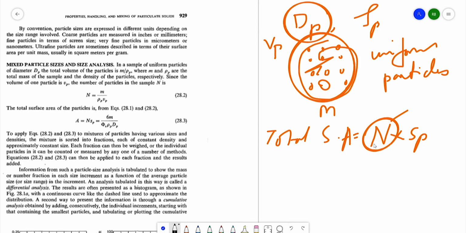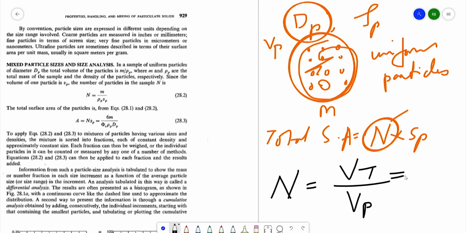So how can I calculate the total number of particles? The total number of particles can be found out by, let's say I have a total volume, V total, and what is the volume of a single particle. If you know the total volume and divide it by the volume of the single particle, then you can calculate n, the total number of particles.